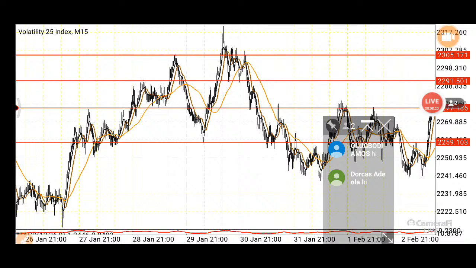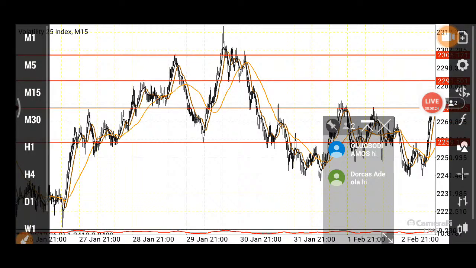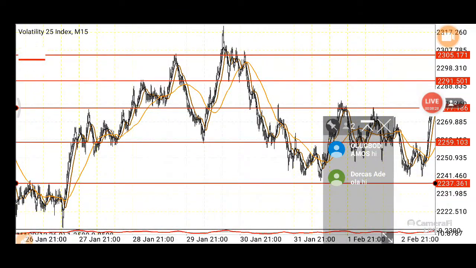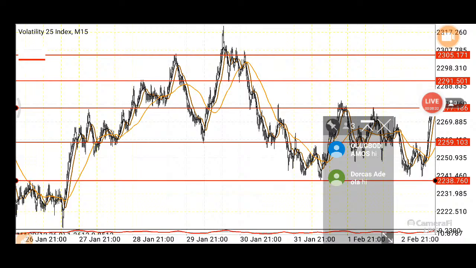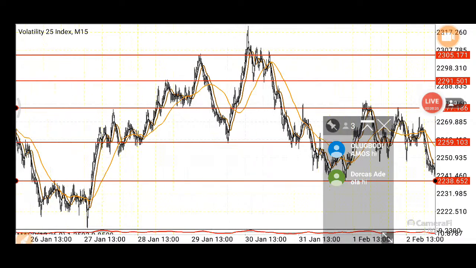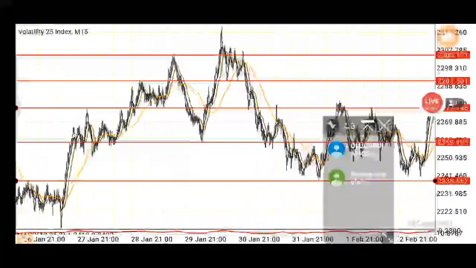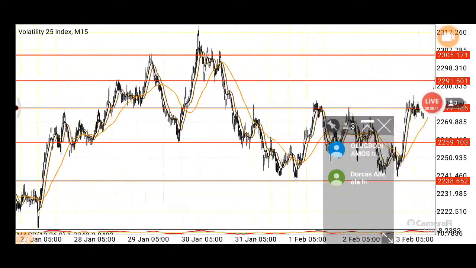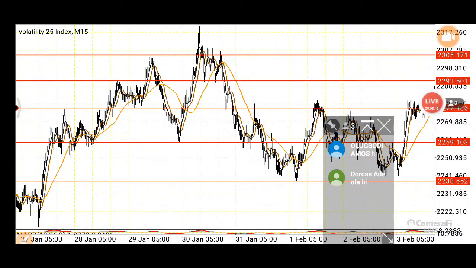And if you have a level whereby it has only been tested once, and you haven't seen any other retests, or where it is being respected again, that kind of level is unverified.